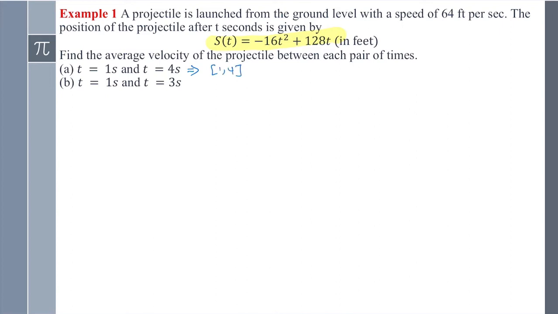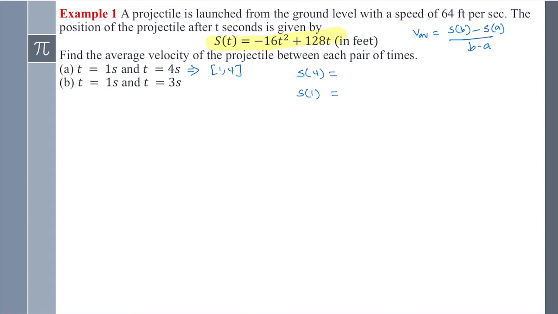Now we know that the average velocity is given by s of b minus s of a divided by b minus a. Here b is 4, a is 1. So we need to find s of 4 and then s of 1.